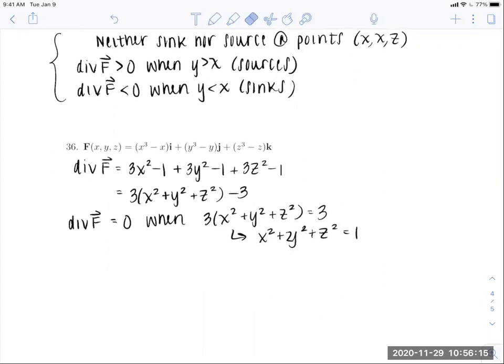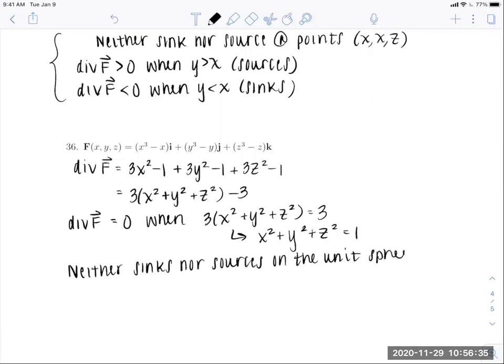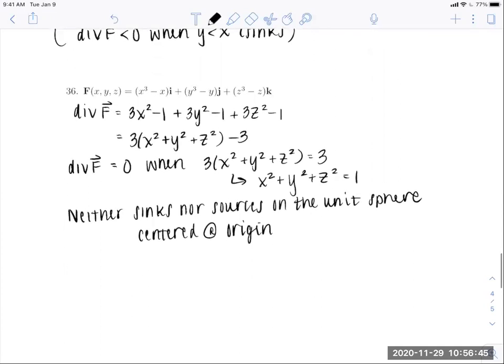Let me correct that y there, it got a little crazy. So we have neither sinks nor sources on the unit sphere centered at the origin. But inside the sphere or outside the sphere is either going to be sinks or sources.